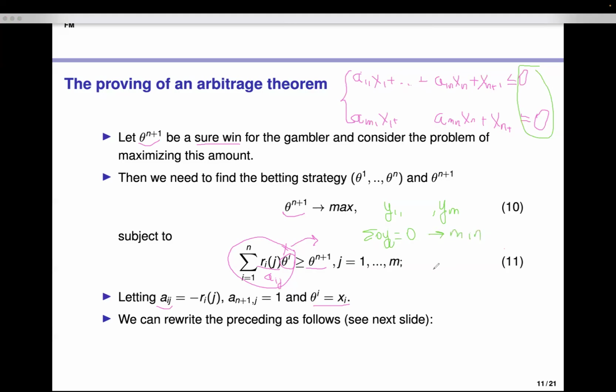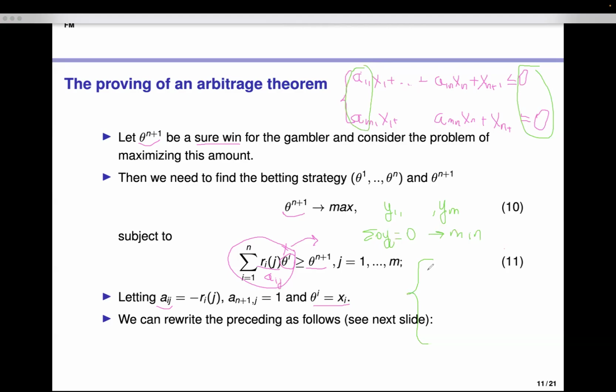But what is the system for the dual linear program? What do we need? Do you remember? We should multiply what? No, A, all this.